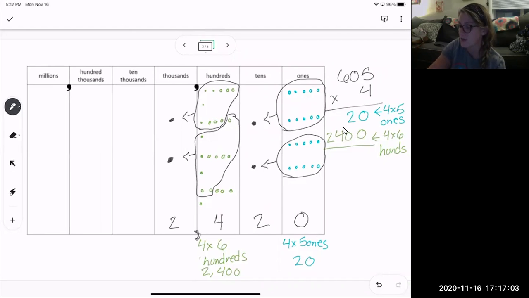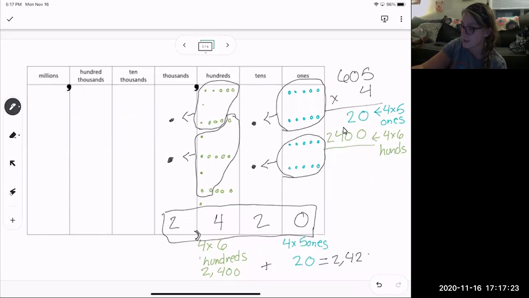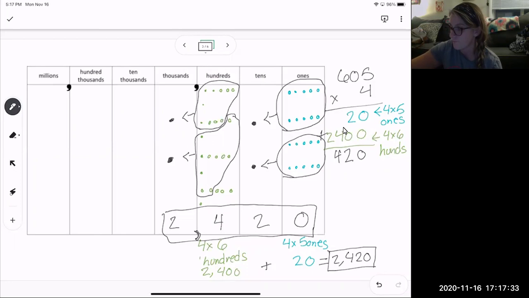So here's our answer, 2,420. 2,400 plus 20 ones, 2,400s plus 21s is going to be 2,420. And then finally, when we add these up vertically, we have another 2,420.